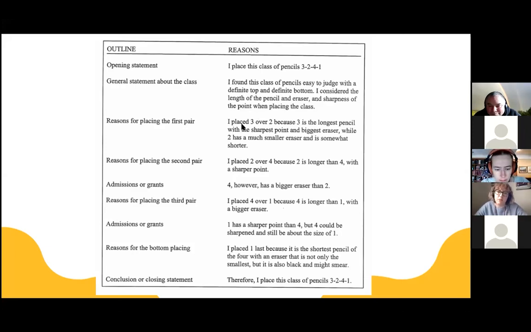So instead of saying, well, 2 has a much smaller eraser and is somewhat shorter, we could say, well, pencil number 2, oh boy, I'm thinking on the fly here. It's been a minute, you guys. Well, pencil number 2 is not as long and has an eraser that has been used. You could say something like that. So just soften it to make it a little friendly.